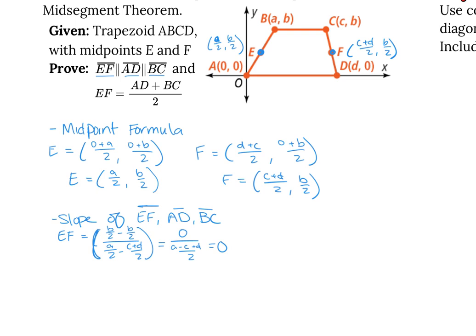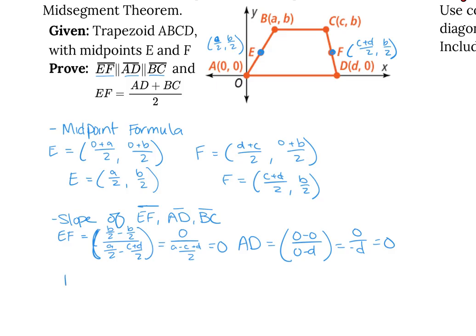Let's do AD next. Zero minus 0, 0 minus d. So I get 0 on top, negative d on the bottom, which is just 0.